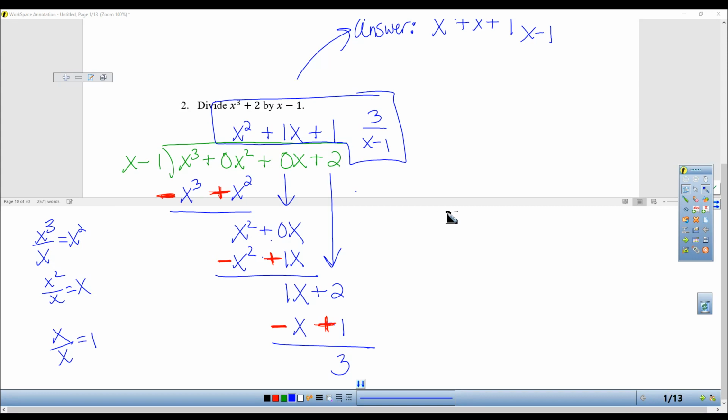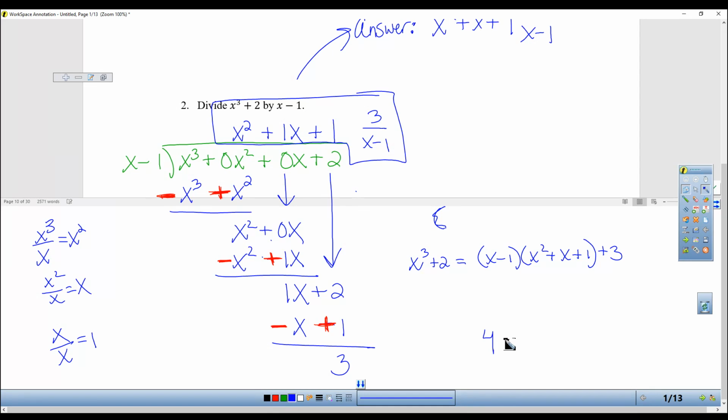However, your book in some sections will ask you to write it as x cubed plus 2 is equal to x minus 1 times x squared plus x plus 1 plus 3. And again, where do they get that from?